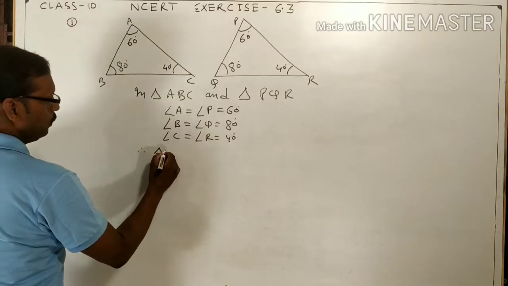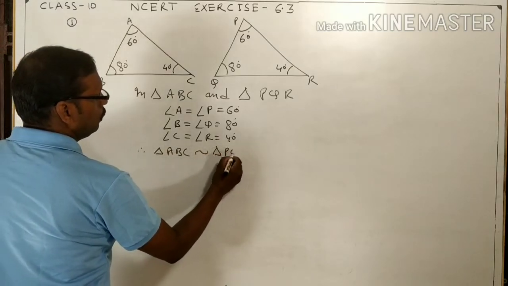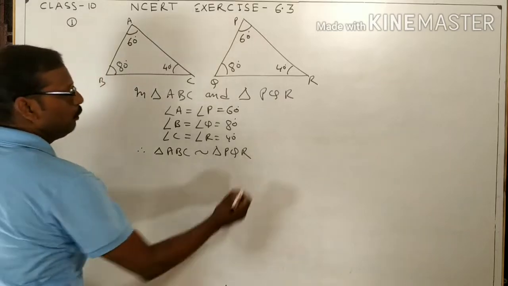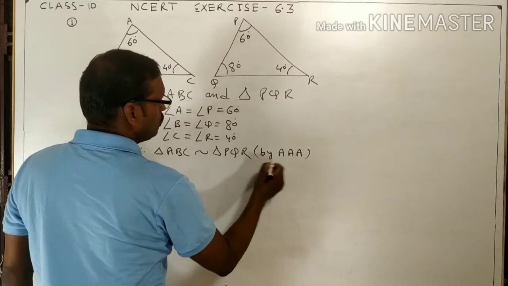Therefore, we can write triangle ABC is similar to triangle PQR by angle similarity.